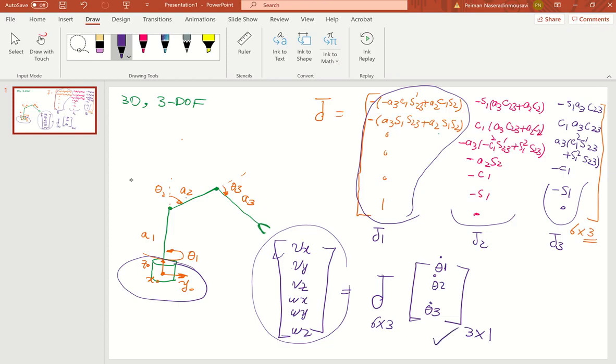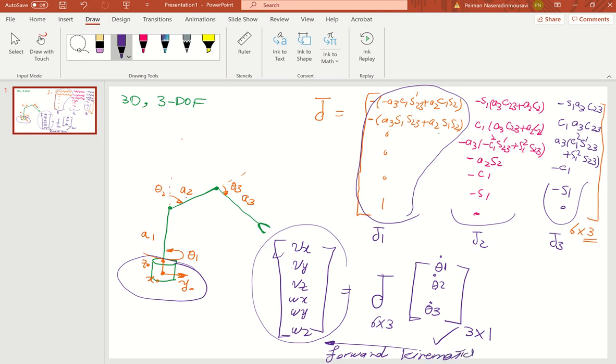By having this, you get this. This is forward kinematics. As I taught you in the class, forward kinematics means you have the angles of the joints, and now you want to calculate the velocities, the translational velocity and angular velocity.